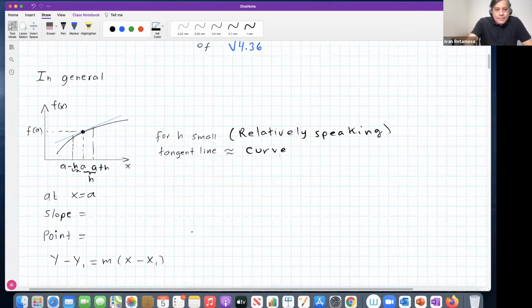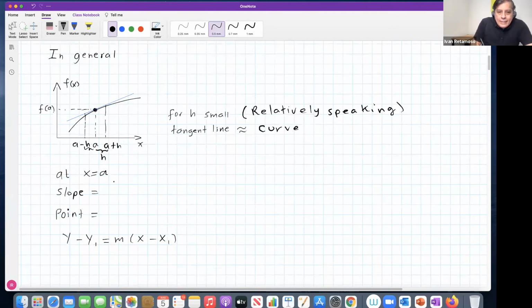All right. Now, at x equal a, our base point, the slope will be given by the derivative of the function f of x evaluated at a, right? That's the slope of the tangent line.